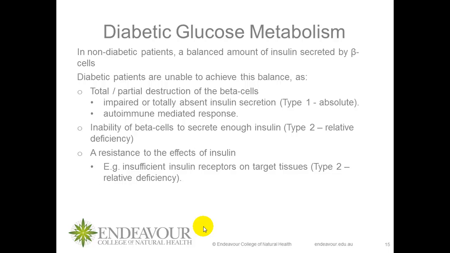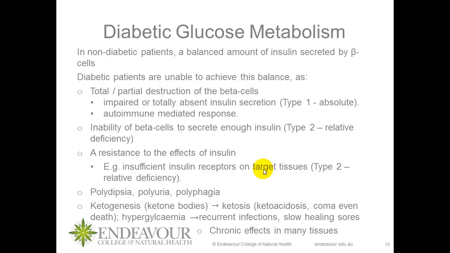With time, as we said, eventually those people with type 2 diabetes might then secrete less and less amounts of insulin, and with time may stop insulin production and will need to then take hormone replacement therapy. So that resistance to the effects of insulin is what you see when the person makes sufficient amounts, but the target tissues just don't respond by uptaking the glucose as they normally would.